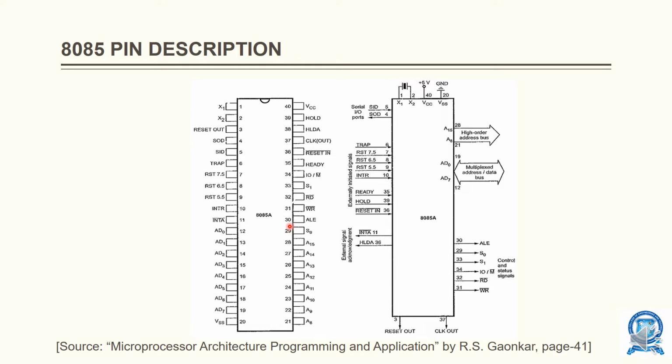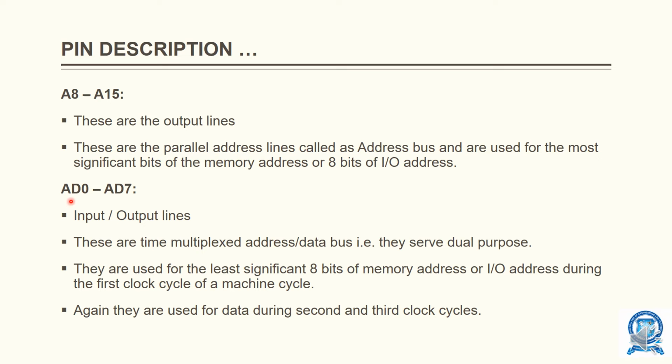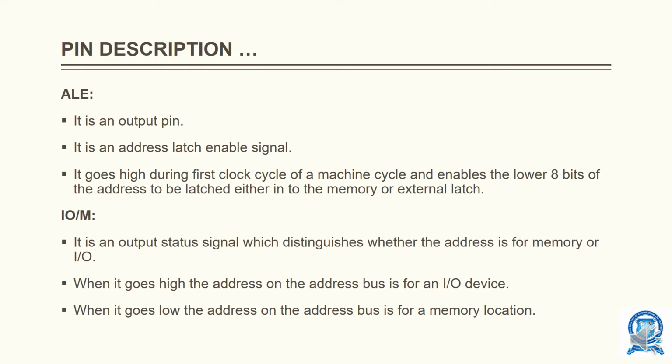Based on the signal of ALE, it determines whether the signal applied to AD0 to AD7 is an address or data. If ALE is high, AD0 to AD7 will be data. If it is low, then it will be the address.